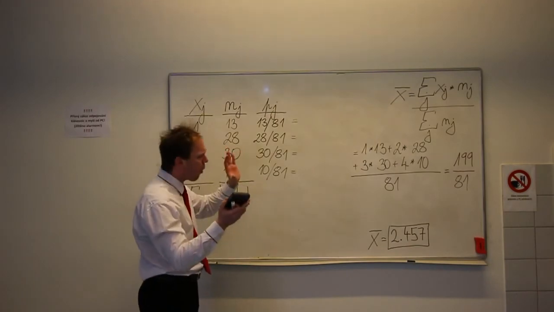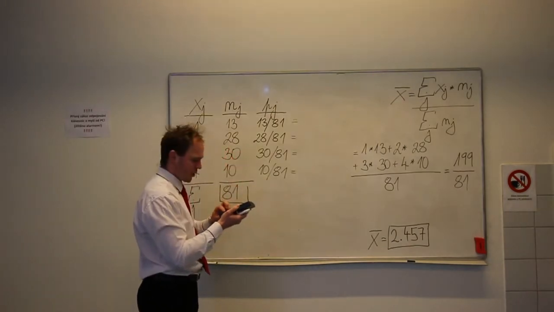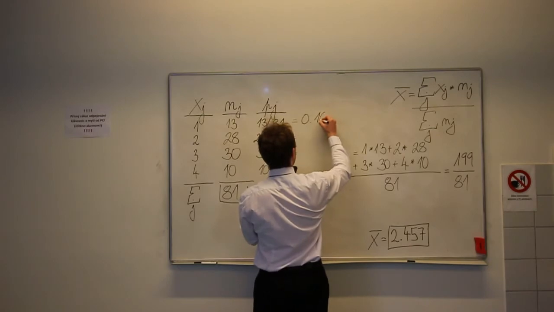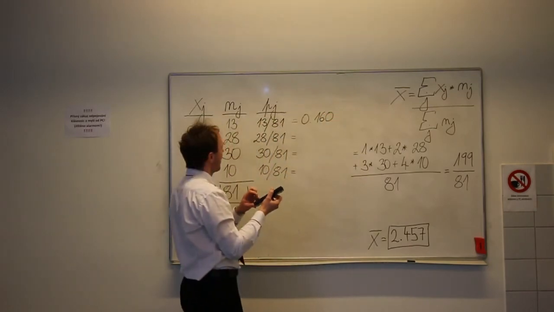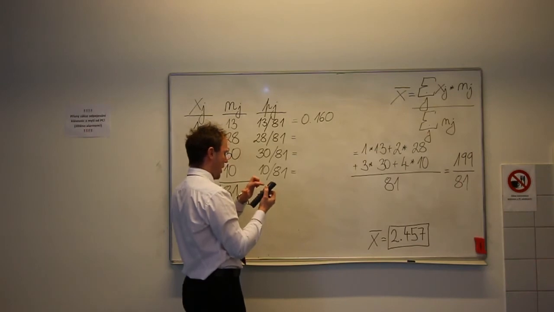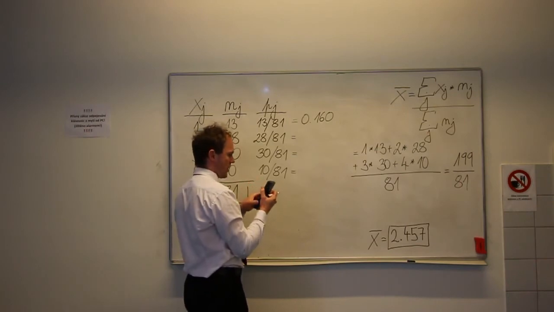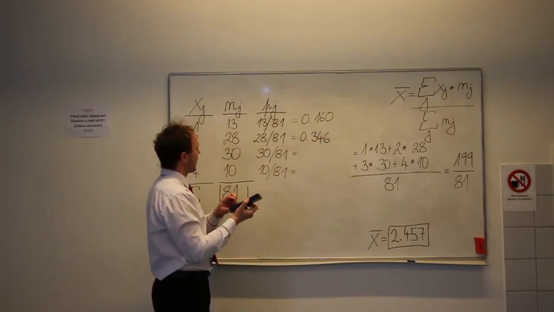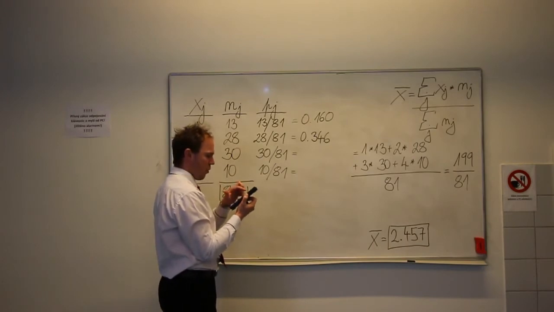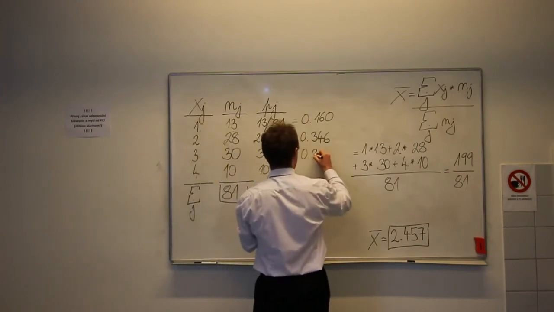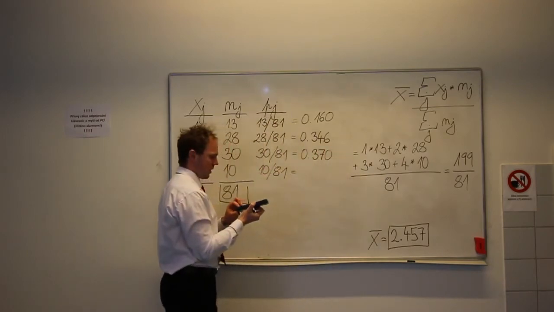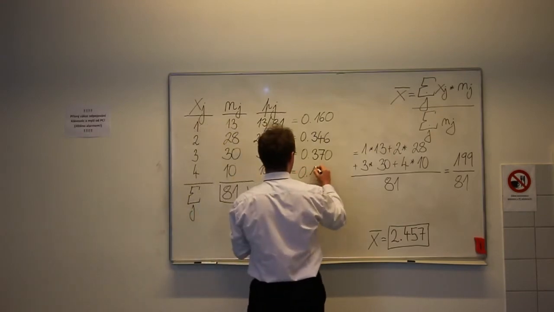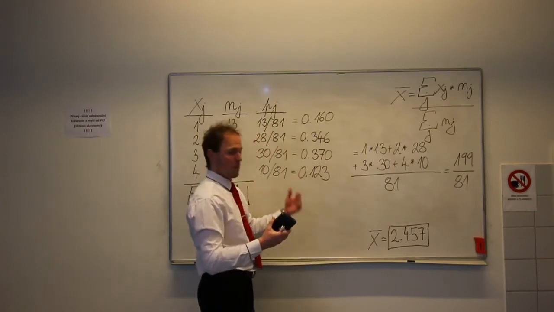I will use, for example, only 3 decimals: 13 divided by 81 is 0.160, 28 divided by 81 is 0.346, 30 divided by 81 is 0.370, and 10 divided by 81 is 0.123.